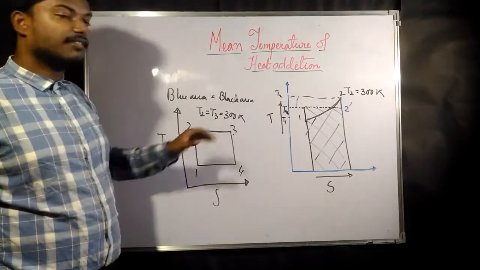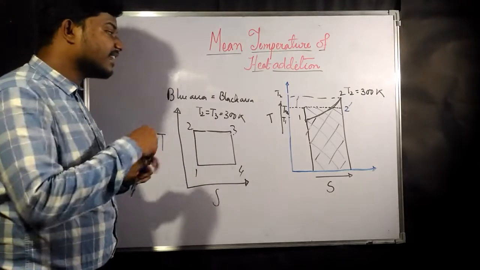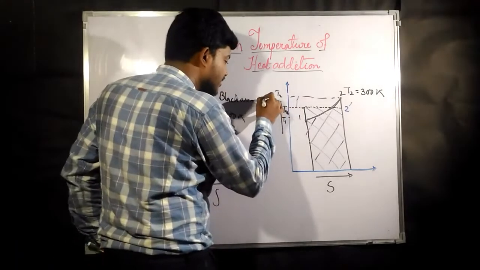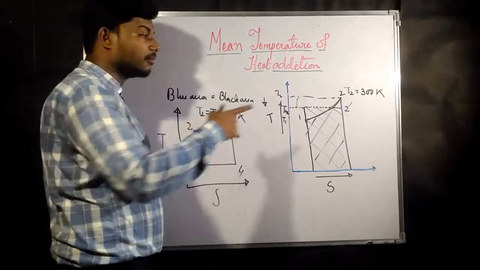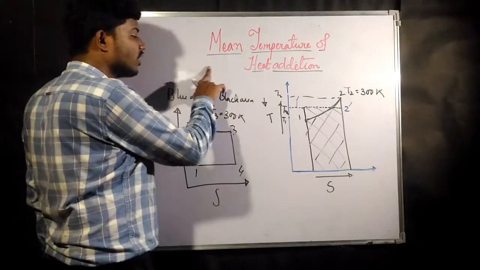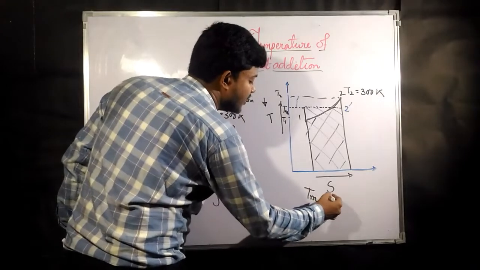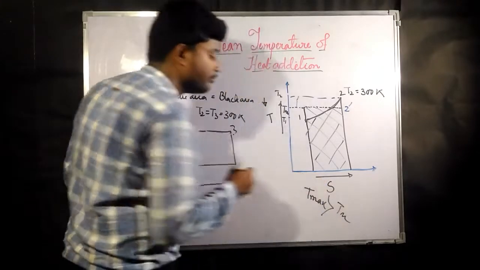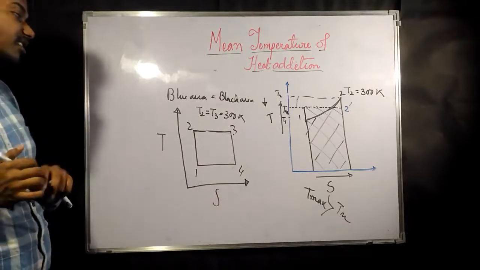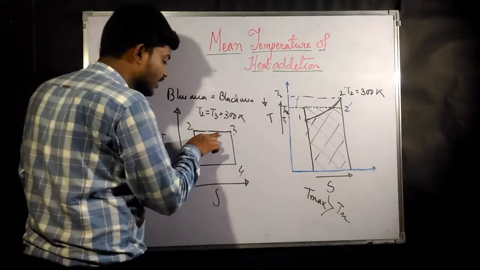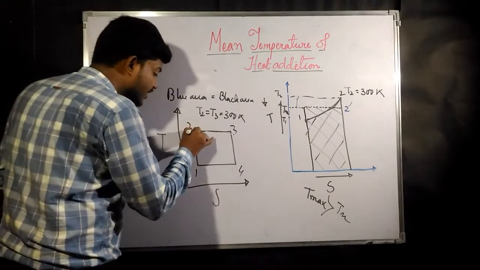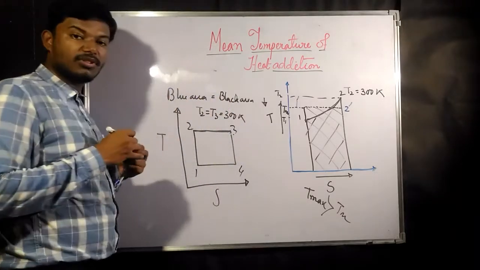Here also 300 Kelvin. Now what is happening in any other cycle? The mean temperature is going to come down from the maximum temperature. That means for all other cycles, the maximum temperature is greater than the mean temperature of heat addition. But in the Carnot cycle, the heat addition process is a constant temperature process only.